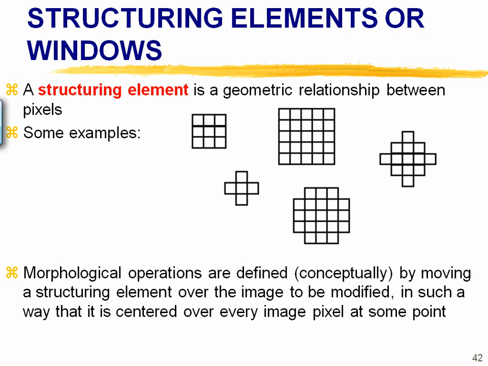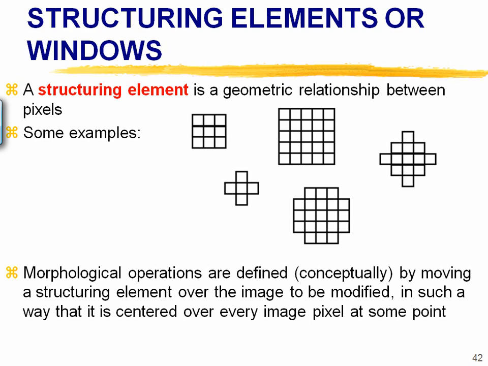So what is the use of these kind of structuring elements? Well, first and foremost, every structuring element defines a geometric relationship to the window. So if you have a large window over which the structuring element is placed, the pixels that you actually operate on are going to be the ones that are within this element alone.